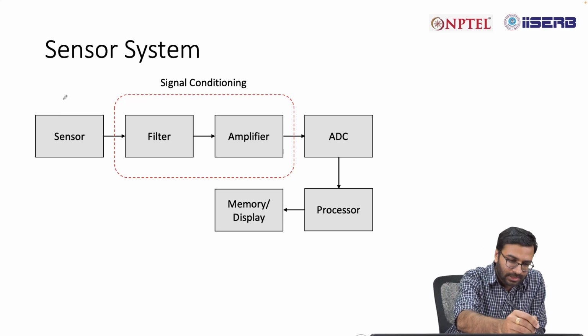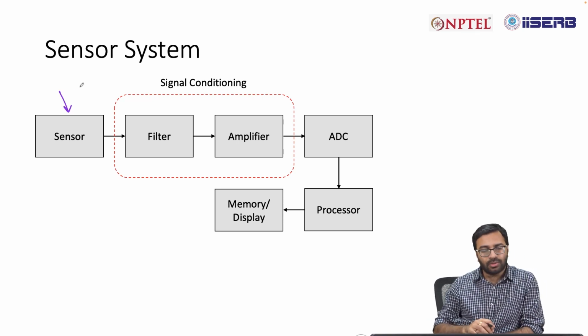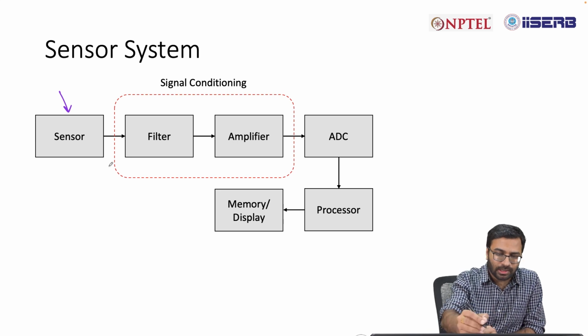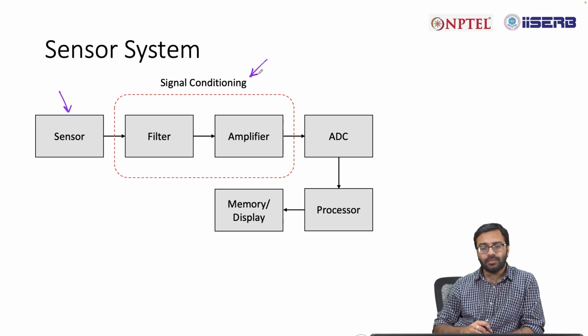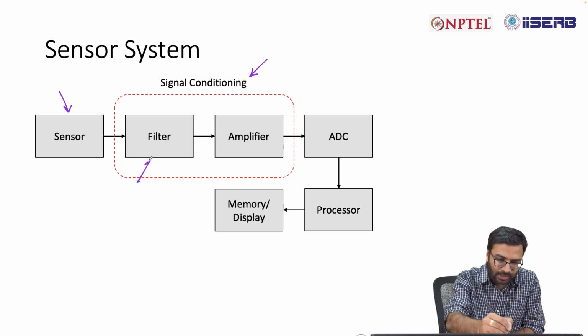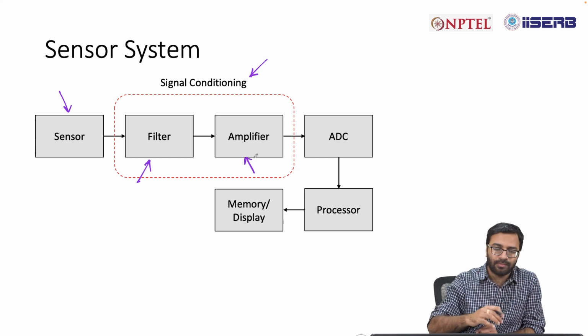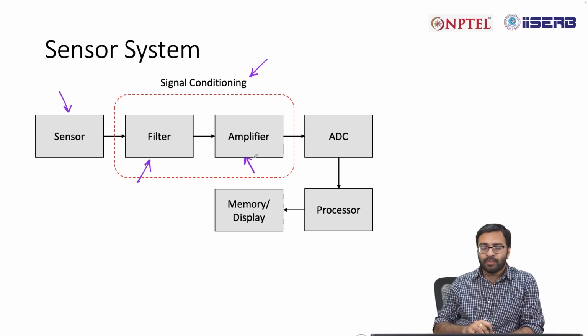It usually has a sensor, then it is connected to a signal conditioning circuit. Signal conditioning circuit comprises of a filter and an amplifier, broadly speaking.